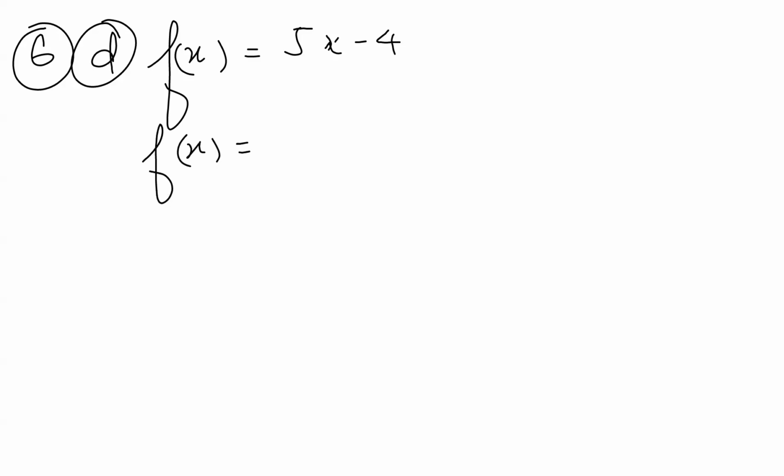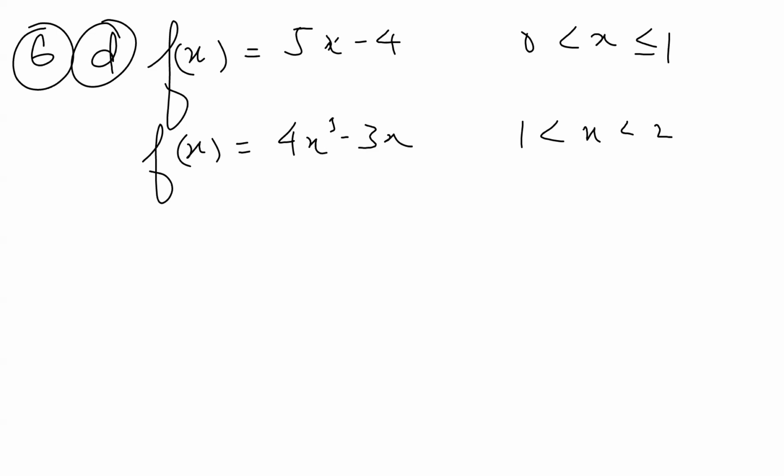Question number 6D, f of x is equal to 5x minus 4 and f of x is equal to 4x cube minus 3x. So here x lies between 0 and 1 and here between 1 and 2.